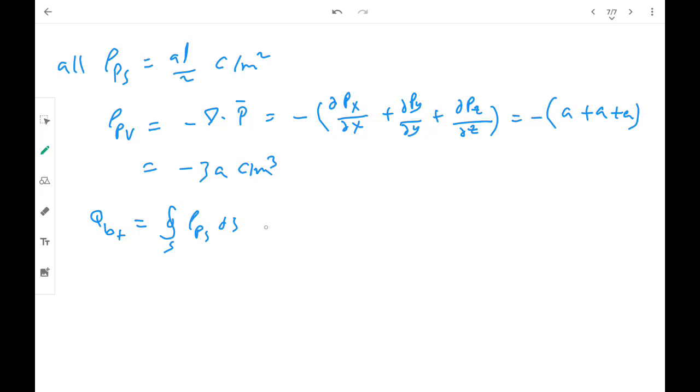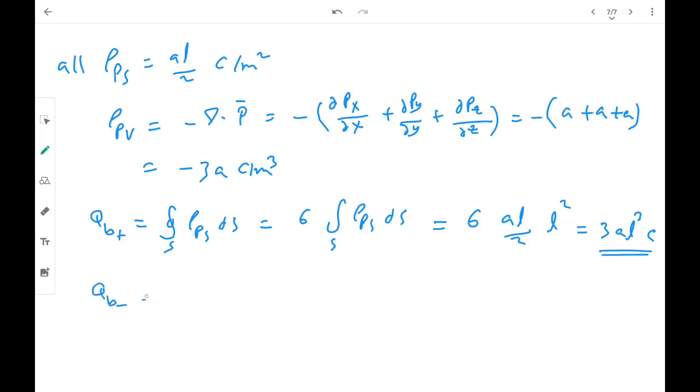But since all faces have the same rho ps, we can have 6 multiplied by rho ps dS for a certain face, which is equal to 6 multiplied by rho ps, which is A L over 2, and since the cube is uniform, the area is L square. So we have 3A L cubic coulomb, this is the total positive charge on all faces.